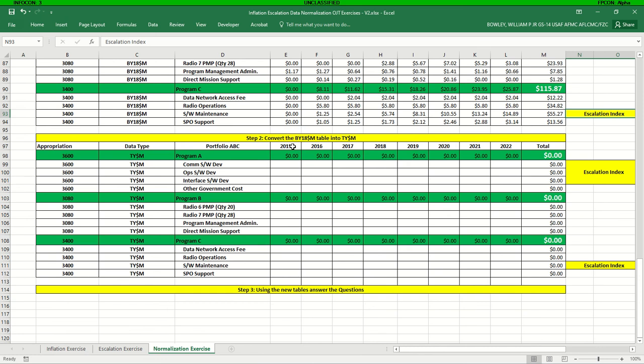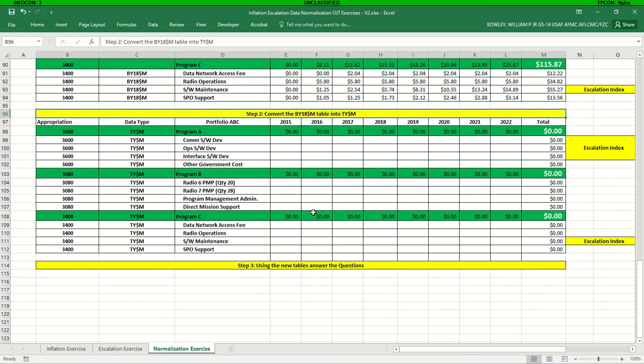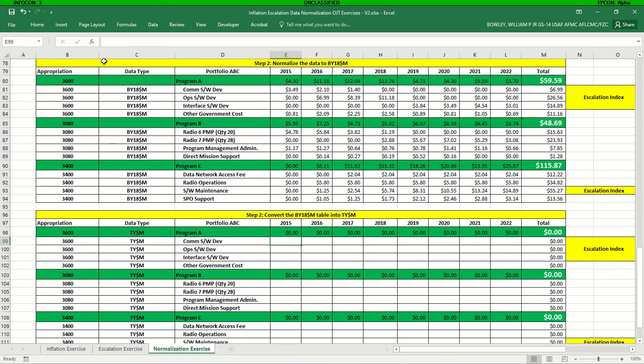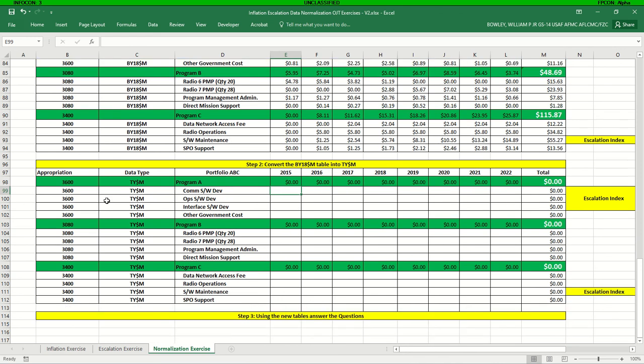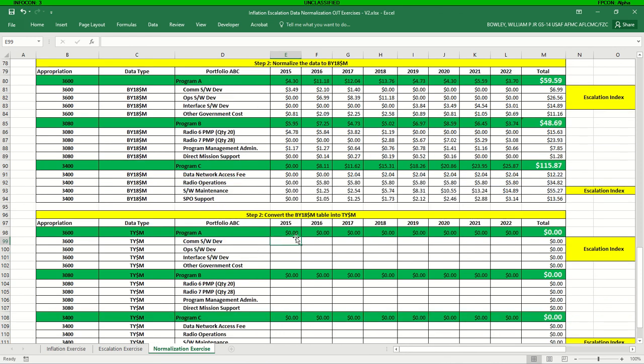Okay. So now we go to the next part of our step 2, which is converting these base year $18 to then year dollars. So now we've got everything in base year of the index, base year 18, and now it's just a simple conversion into then year dollars. We're going to grab our software development, again, which is going to follow the escalation tables.